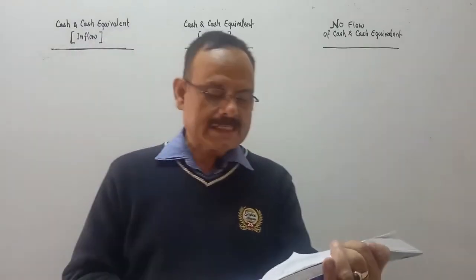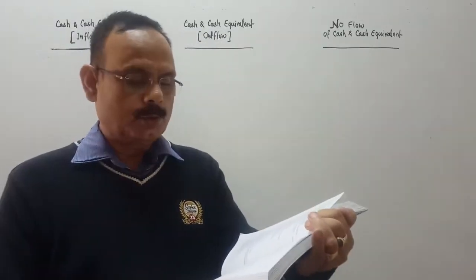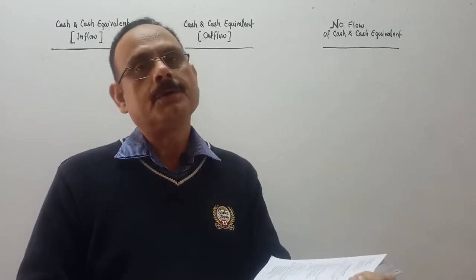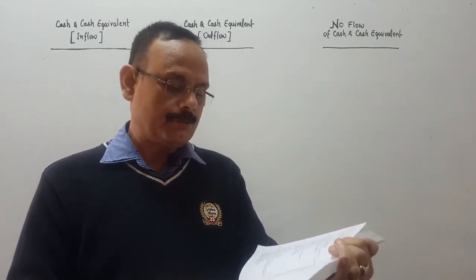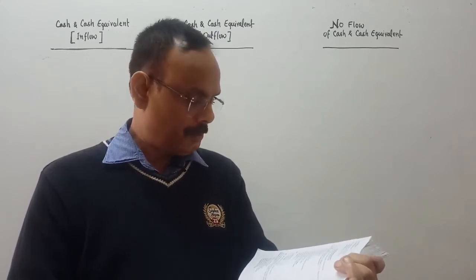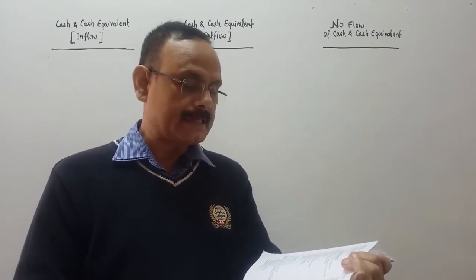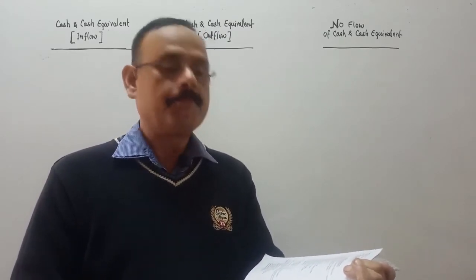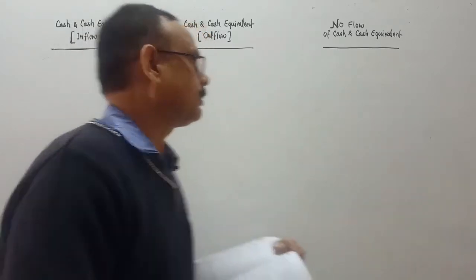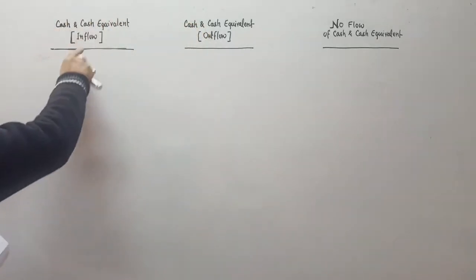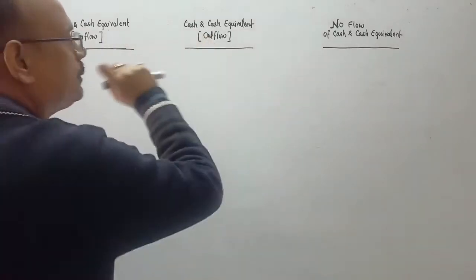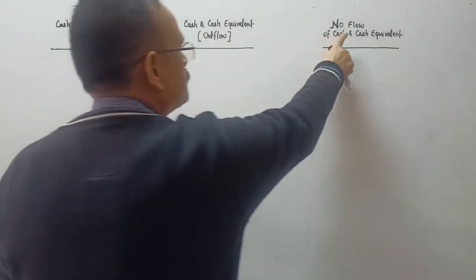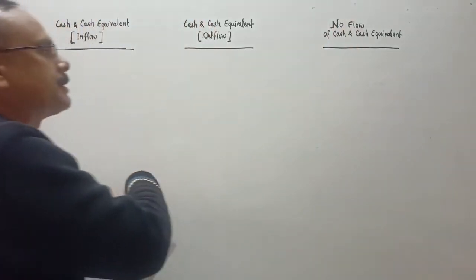The question is, state which of the following would result in inflow or outflow of cash and cash equivalent. I have drawn three columns: cash equivalent inflow, cash equivalent outflow, and the third one is no flow of cash and cash equivalent.